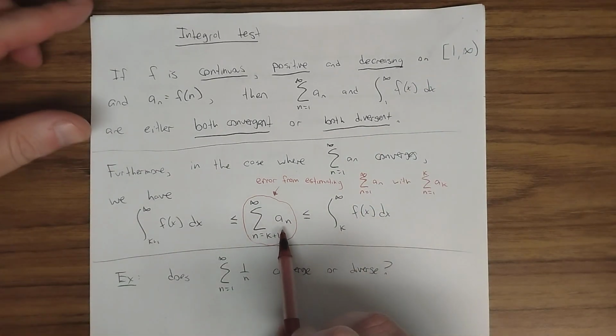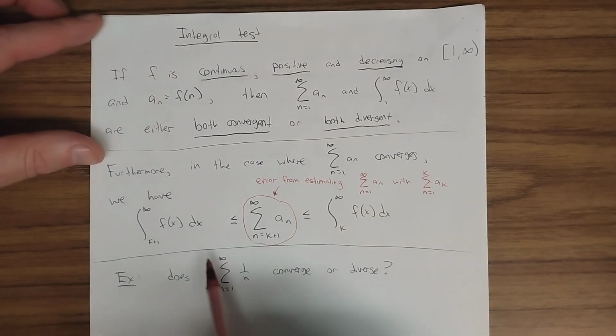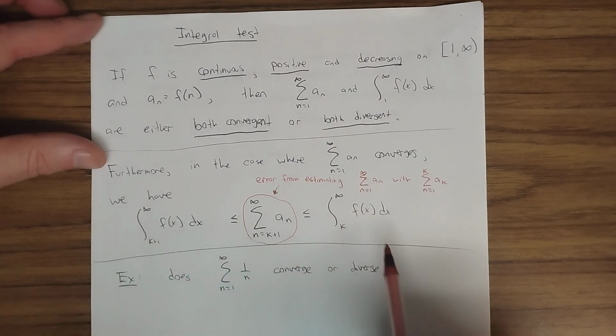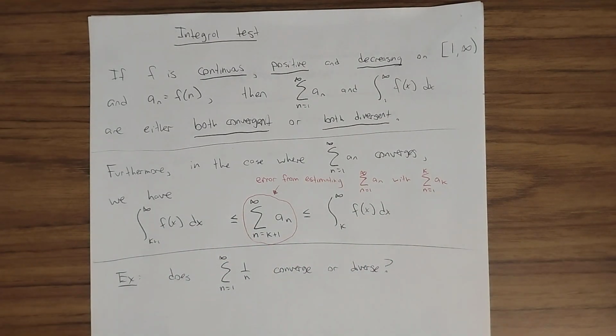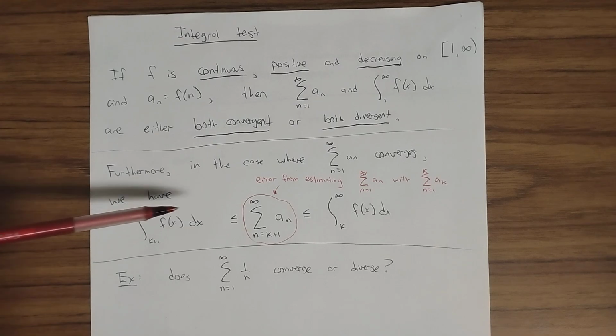And so what I'm saying is that amount of error is in between these two things, these two improper integrals. They are improper because they all have infinity in the limit of integration.